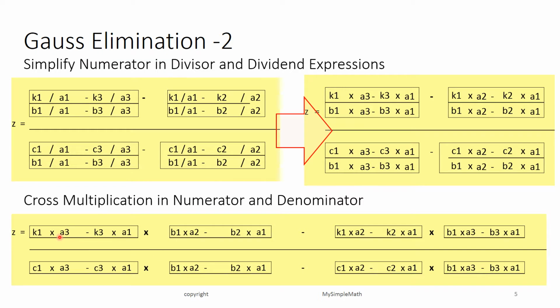The expression in the numerator and the denominator comes out right here as z is k1 a3 minus k3 a1 multiplied by b1 a2 minus b2 a1, minus k1 a2 minus k2 a1 multiplied by b1 a3 minus b3 a1. I must stress that I used these boxes instead of brackets or parentheses, so I hope you wouldn't mind.